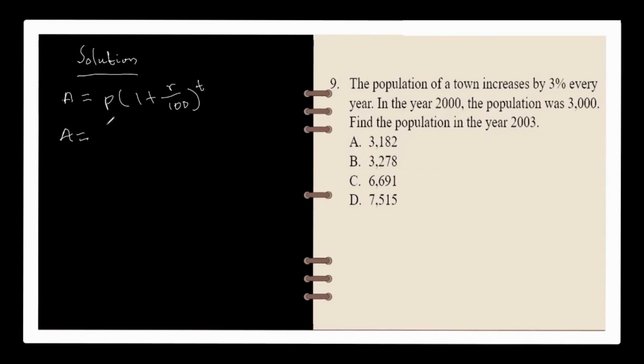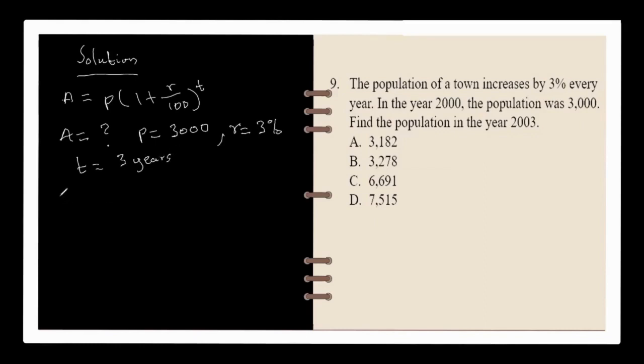They say we should find the new population, so we don't know A. Then P is the old population, which was 3,000. We know our rate to be 3%, and we know our time to be 3 years.